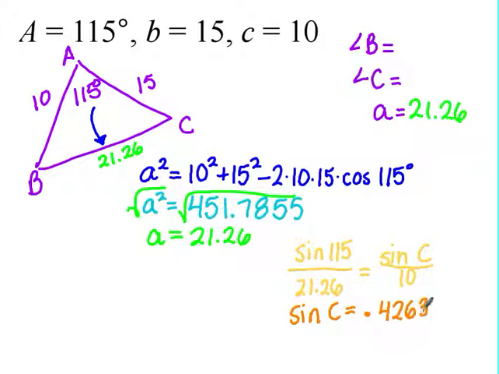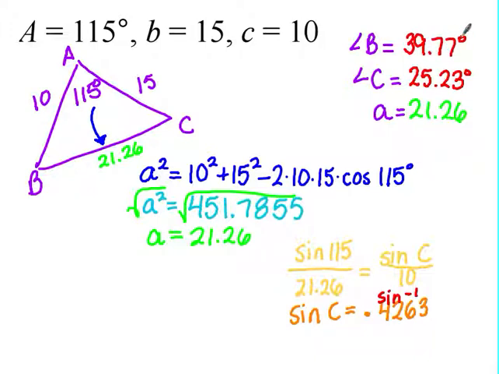Good. Okay, take your inverse sine, and what do you get C to equal? 25.23. So then now, take your 180. What'd you get? 39.77 degrees.